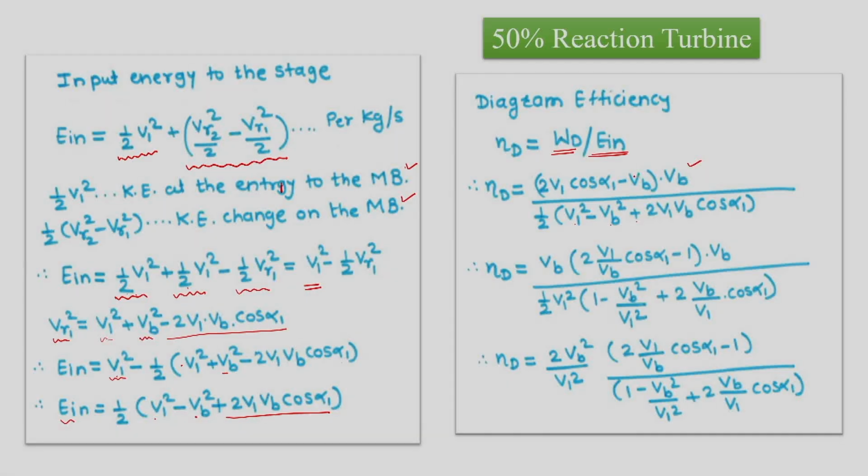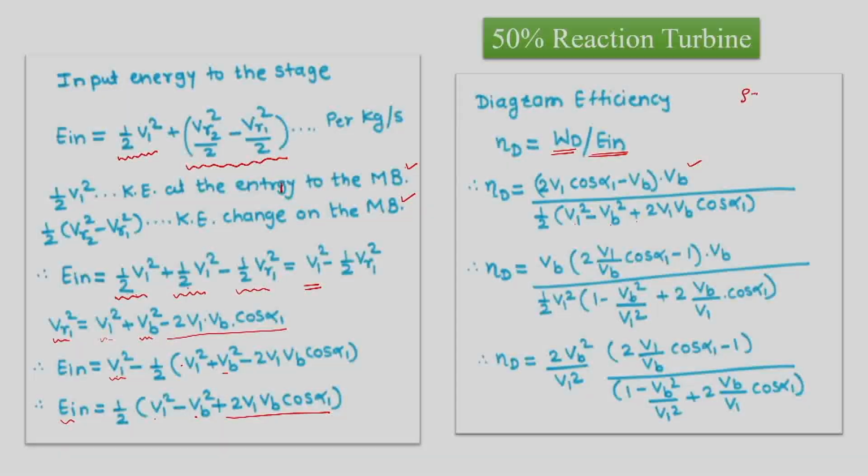We are interested in finding out the optimum efficiency condition, and optimum efficiency condition is always corresponding to certain velocity ratio, and we had earlier also defined rho as a velocity ratio which is VB upon V1. So we want a ratio of rho which is VB upon V1. So we will take VB common from this bracket.